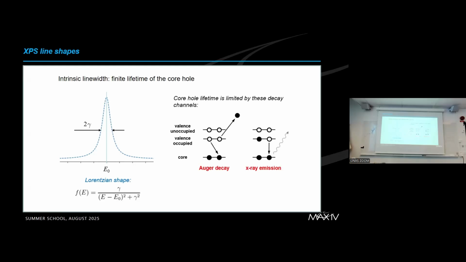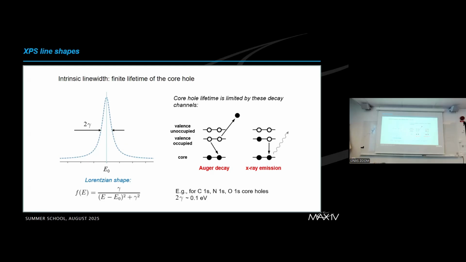The larger the lifetime, obviously, the sharper is the peak, the smaller is gamma. And the shorter is the lifetime, the broader is the peak. And the lifetime is determined by the decay processes. If the processes are very probable, then the line is very broad.